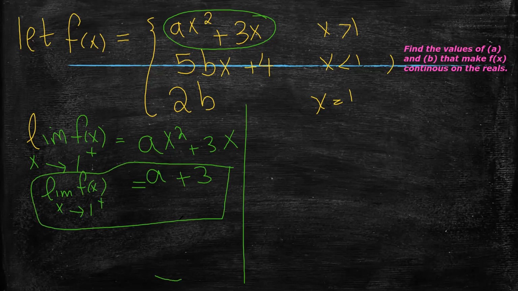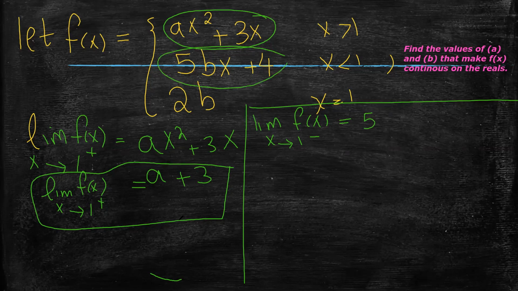Now then, the limit of f of x when x approaches 1 from the left. I told you that the limit from the right is equal to the limit from the left and is equal to the value of f of x. So it's equal to the limit of f of x when x approaches 1 from the left, so I have to use this function, 5bx plus 4.